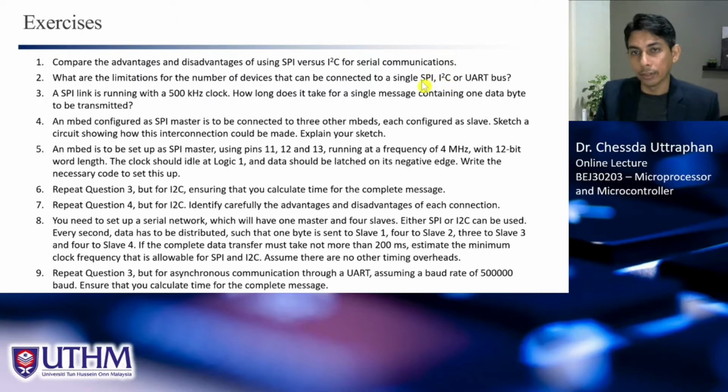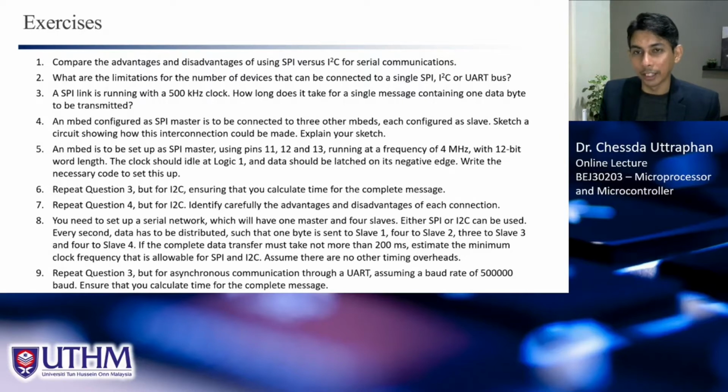So, for example, if you have 30 I/O pin for your microcontroller, and you have already used 3 for data out, data in, and clock. 3 is a must, so you have 27 left for the activation line alone, not including any IO device that you want to do.